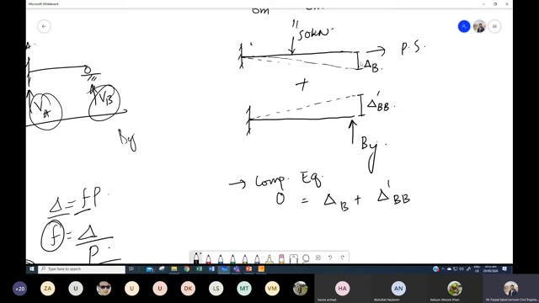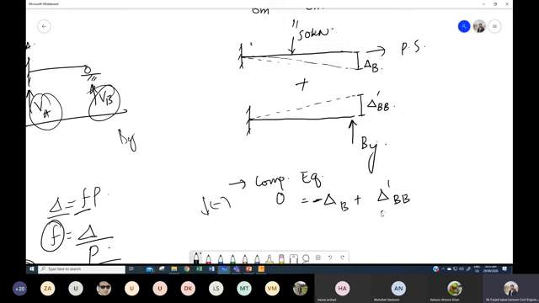But you can see that these two deflections are in the opposite direction, so we have to take a negative sign with one of them. Let's assume that the downward deflection is negative. So I will have the negative sign with this deflection delta B. So you have this compatibility equation.